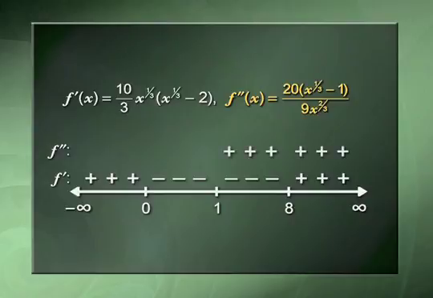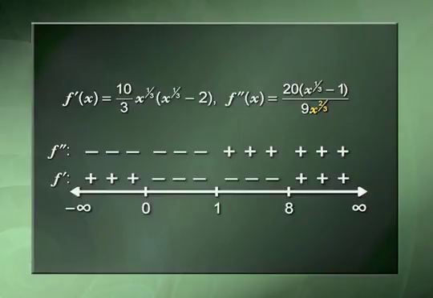So I'll put little plus signs for x bigger than 1. Between 0 and 1, the second derivative is now negative. But watch what happens when I cross 0. It stays negative. Why is that? Well, at 0, we're dealing with x to the 2/3, aren't we? That's something squared.